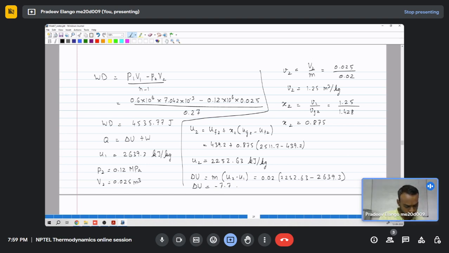Minus 77 joules, right? No, I think it will be in kilojoules. It will be in kilojoules, yes, because this is 225.